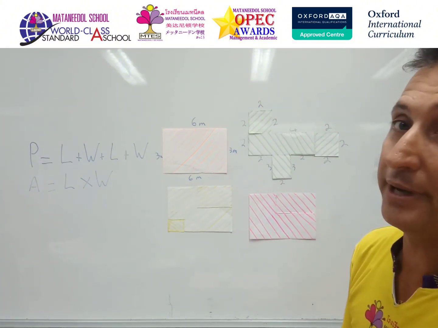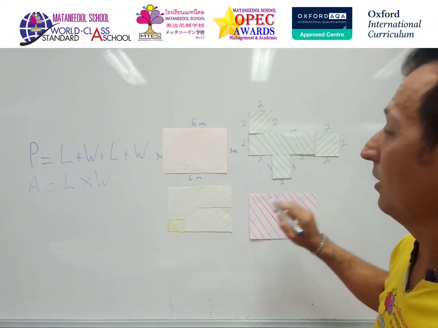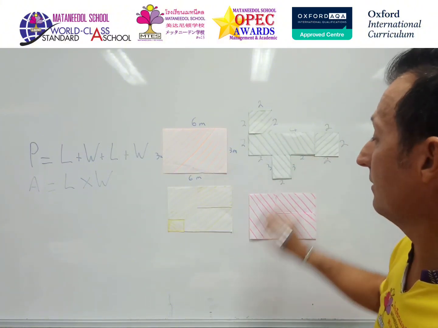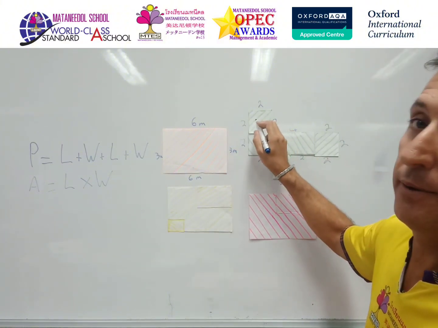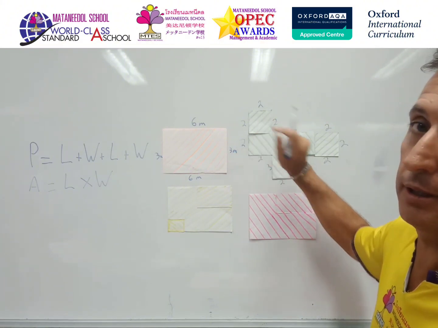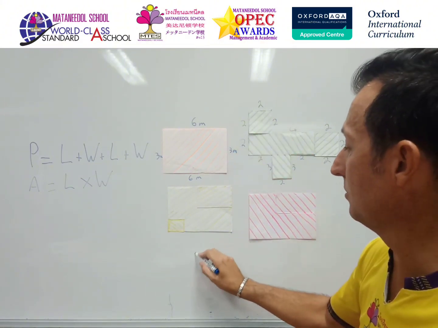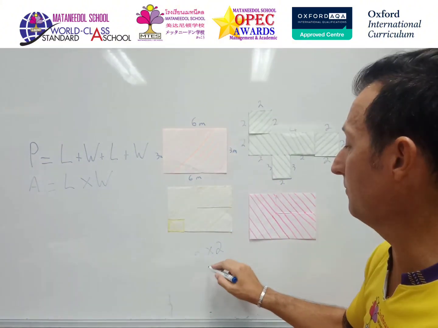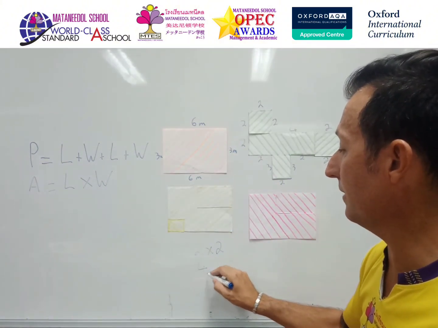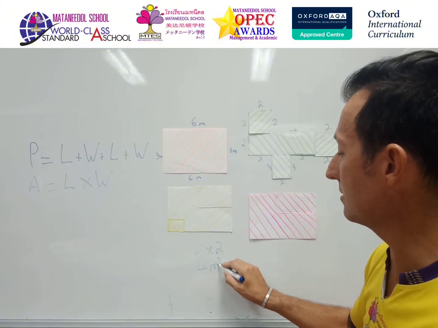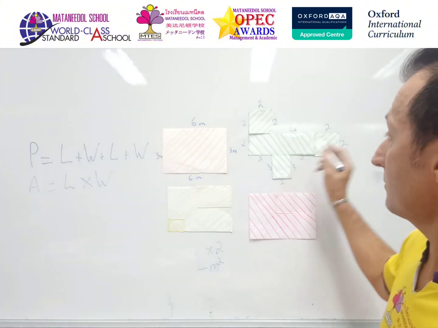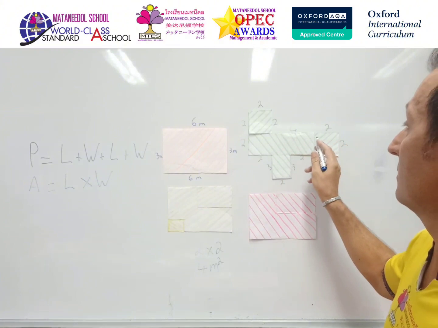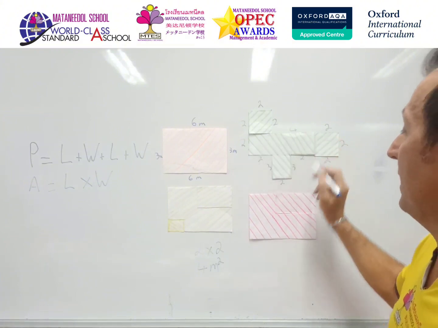Now, however, when I do area, I need to do each shape one by one. So my first small little square is 2 times 2, which gives me 4. Therefore the area for that one is 4 meters squared. My next one is 6 by 2.